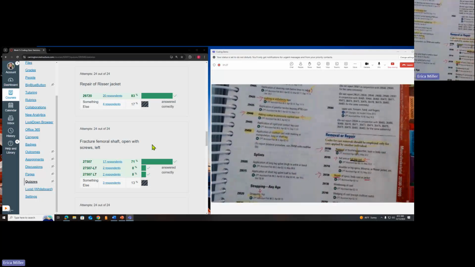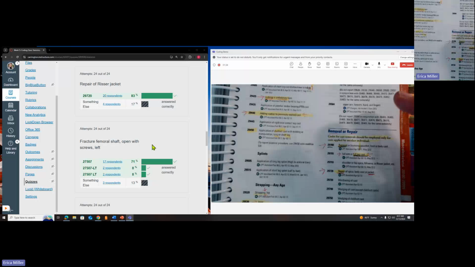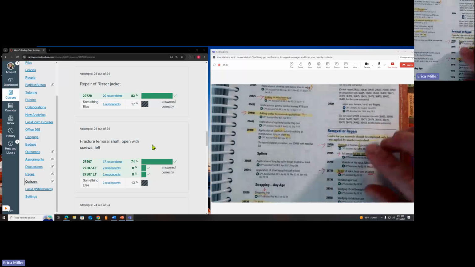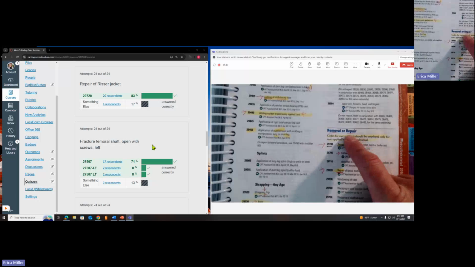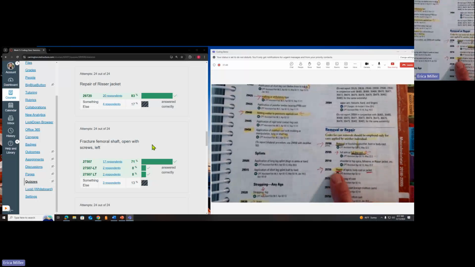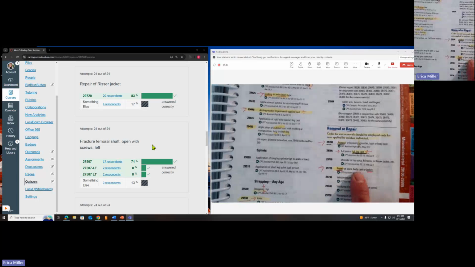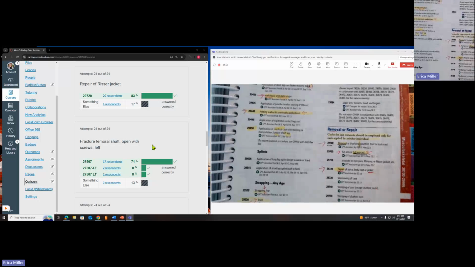So that second range of codes that was listed from our index did not include the word repair, but once you're over in your tabular section, you can see that all the codes listed here can be either or. So now the repair of a spica, body cast, or jacket, 29720. Yes, it does not specifically say Risser jacket, and that is okay.